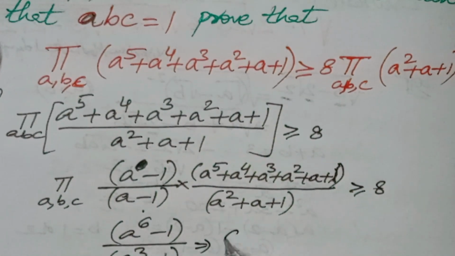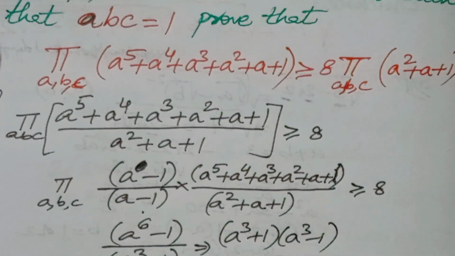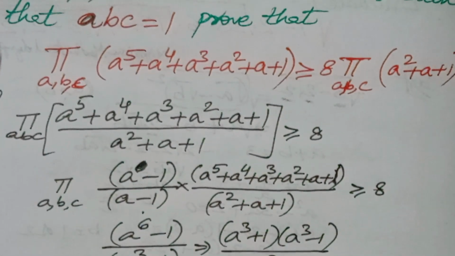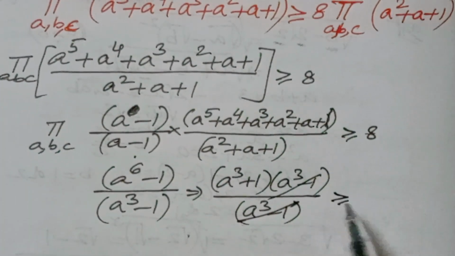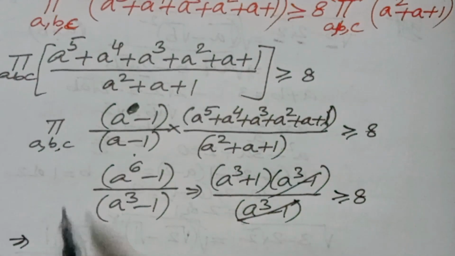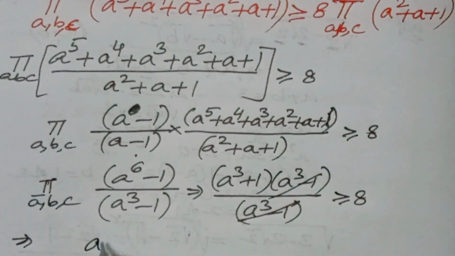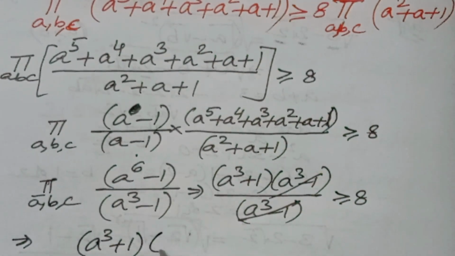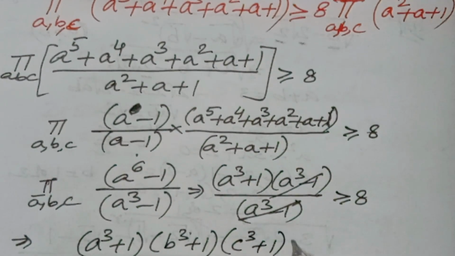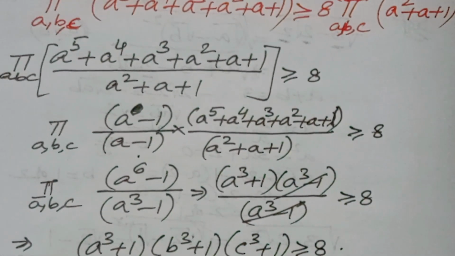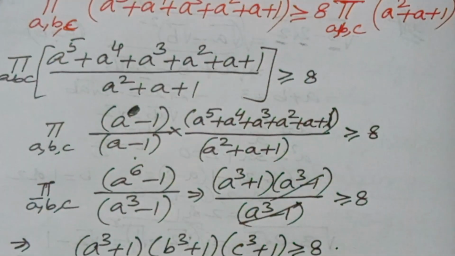The numerator can be written as a cube plus 1 times a cube minus 1, divided by a cube minus 1. So these two get cancelled, and the product is greater than or equal to 8 over the remaining terms. Here the product over a, b, c is given. If you remove this, a cube plus 1 into b cube plus 1 into c cube plus 1 is greater than or equal to 8. If you show this, the problem will be completed.